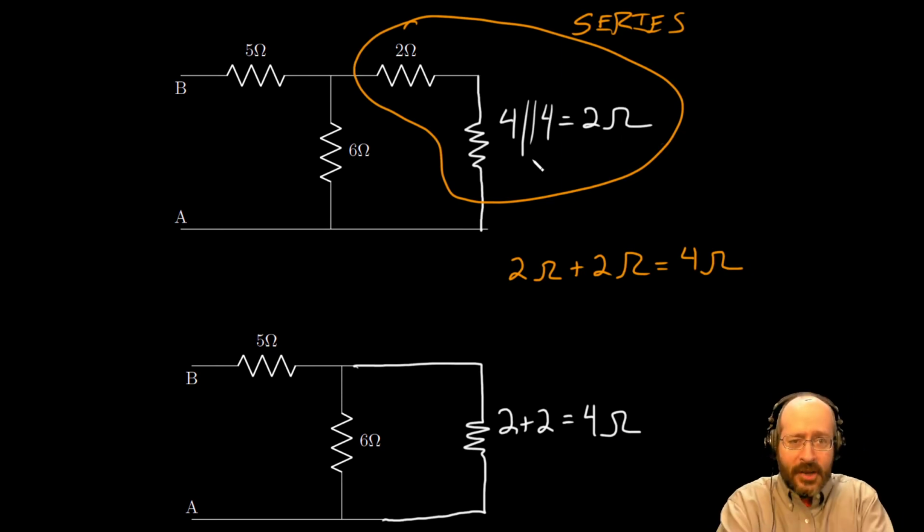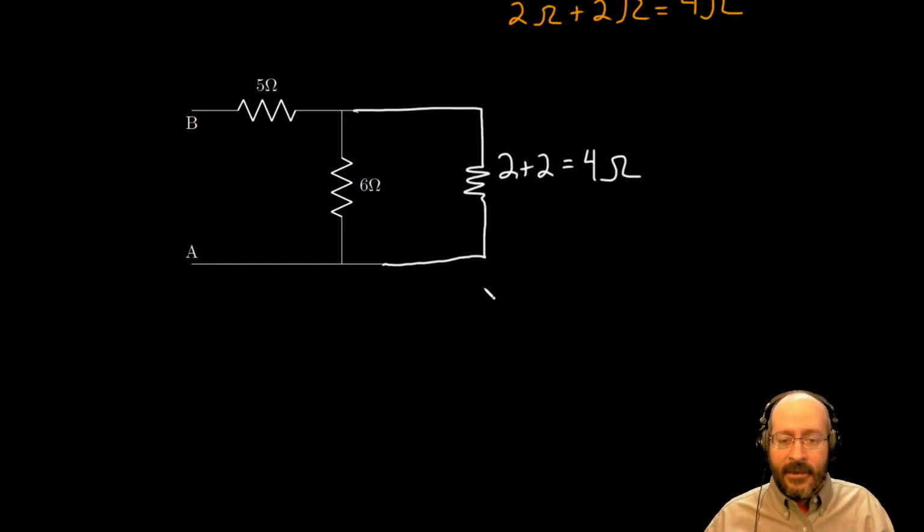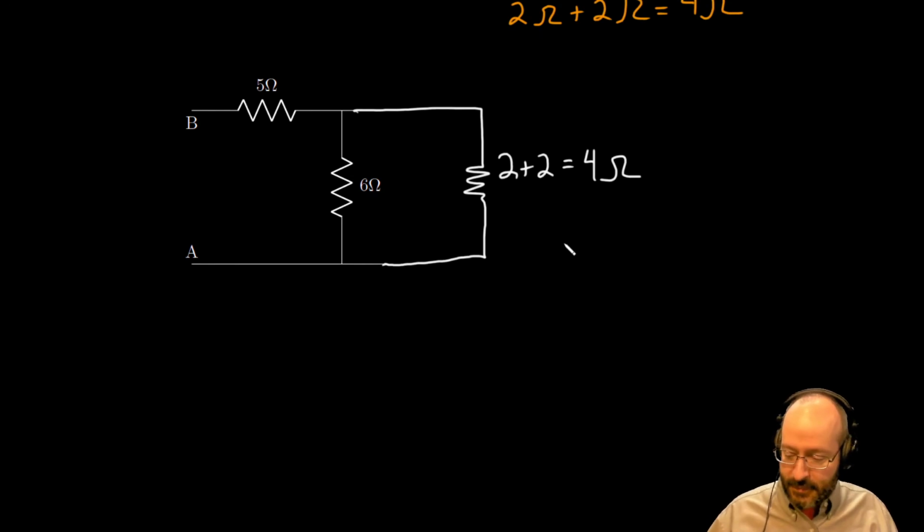As we get further along, I'm hoping it's getting easier for you to see what is in series and what is in parallel. All right, looking at this newly drawn circuit down here, which I'm going to copy right now so that we have it, what's in series and what's in parallel?